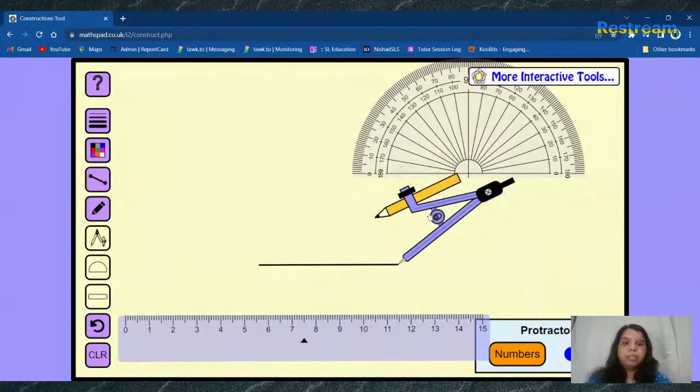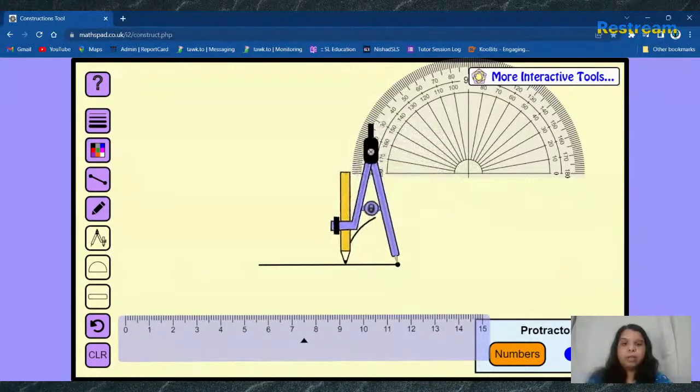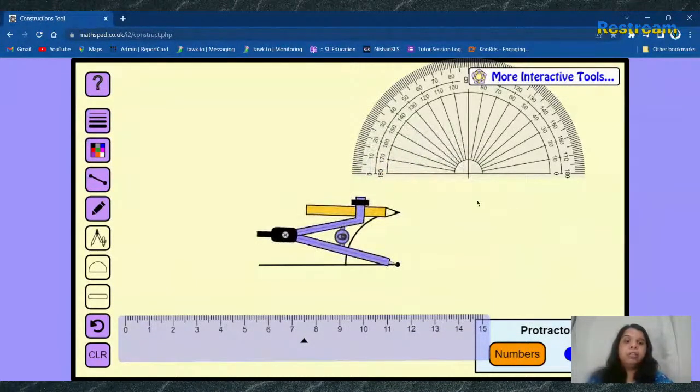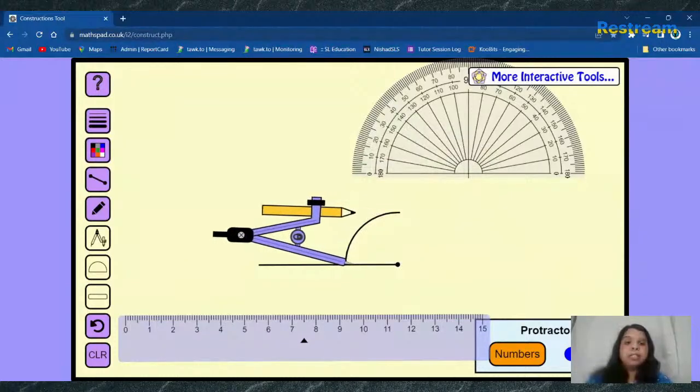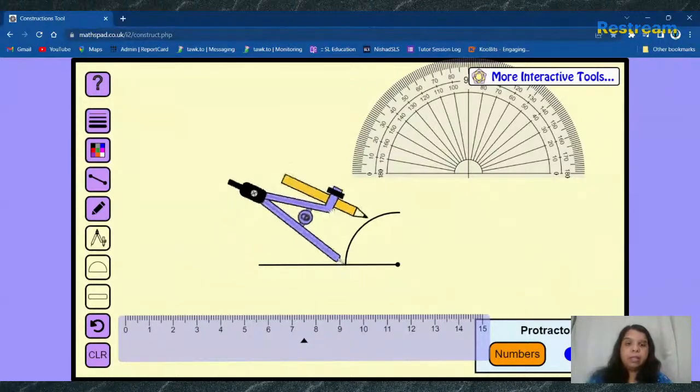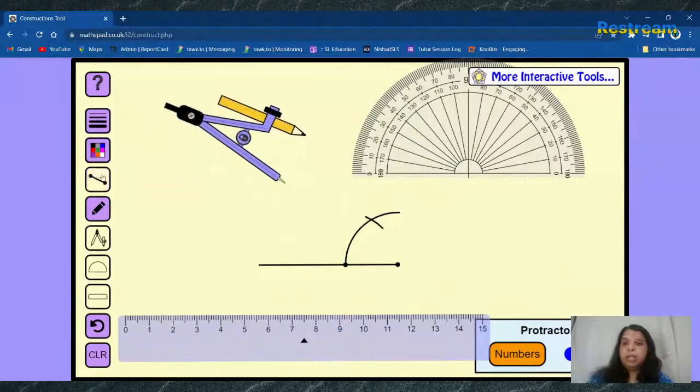Take your compass, draw an arc which is more than a quarter of a circle, and then, keeping the distance the same, put the compass on this point and draw an arc. Once you're done with drawing the arc, you can take the ruler and a pencil and draw the line passing through this point. This point is not the correct line, so we need to draw it here.